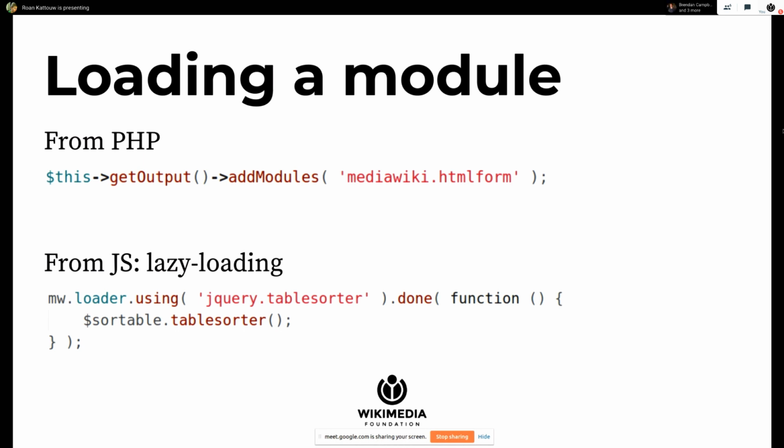You can tell it which module or modules you want to load. It gives you a promise, and that promise gets resolved when the module that you asked for has loaded and that code is available. In this example, this lazy loads table sorter code, and then when it arrives, it applies a table sorter to a thing.